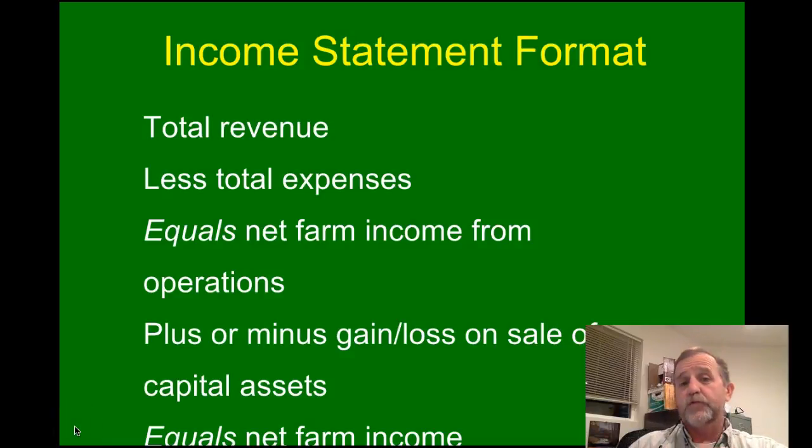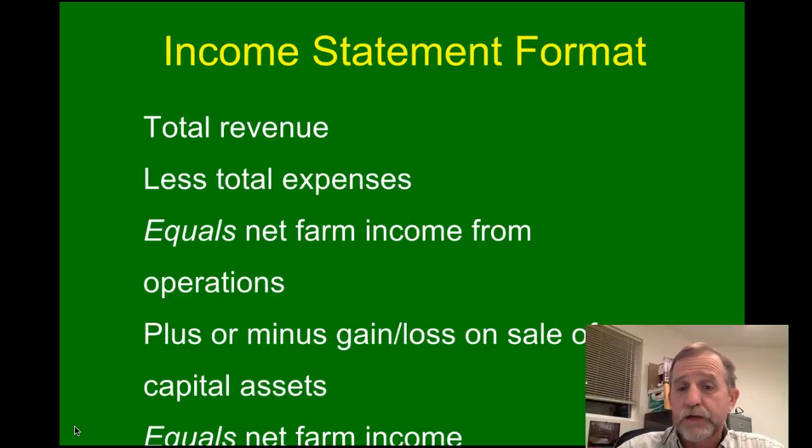The income statement format can change somewhat, but the generalized concept is that we'd have total revenue clear at the top, less your expenses. That would equal your net farm income from operations. The expenses being what it takes to generate that revenue, as we explained before.